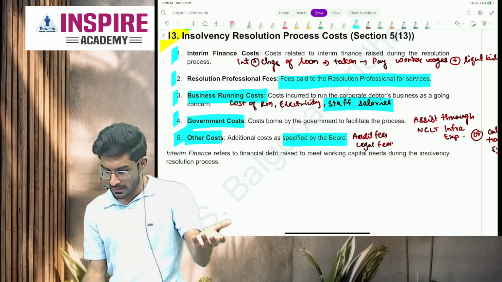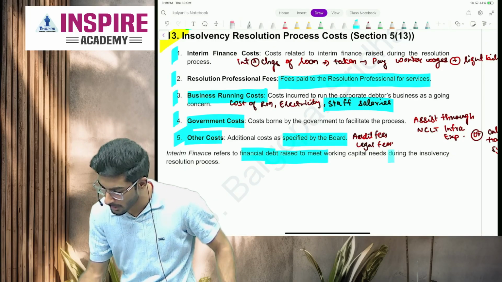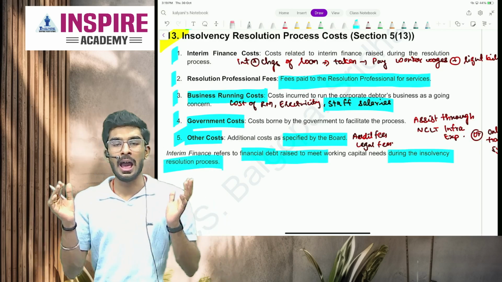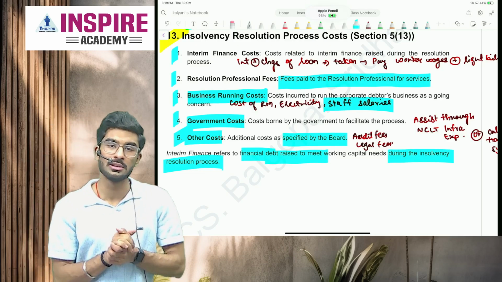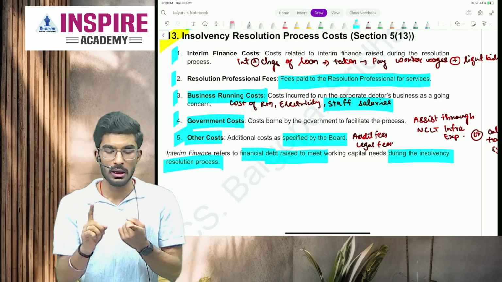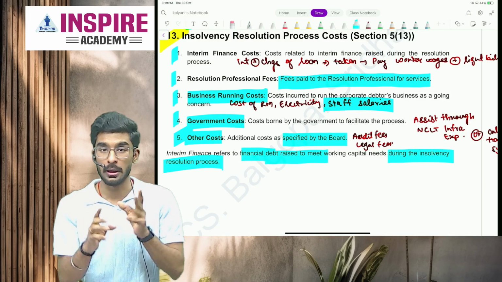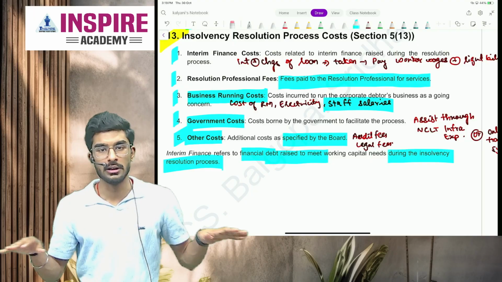So interim finance refers to financial debt raised to meet working capital requirements during the insolvency resolution process. And we are done with our next chapter also under IBC. Two of the most important: liquidation of a corporate person, and CIRP. Among these two subchapters, number one, CIRP is done, people.